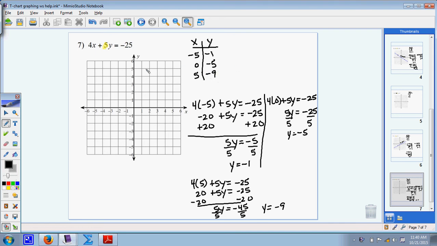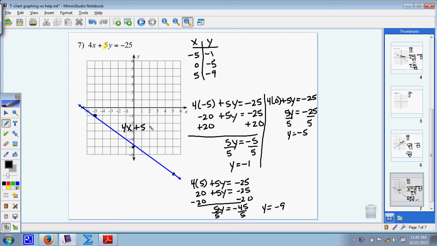So I quickly plot it because I got to go as well. So x is negative 5, y is negative 1. X is 0, y is negative 5. X is 5, y is negative 9. Ooh, so this one I just got to kind of estimate where do I think it's going to be. Maybe like that. Take my straight edge. All three should line up, which means if they don't all line up, then I do need to adjust it. And then I label it there.